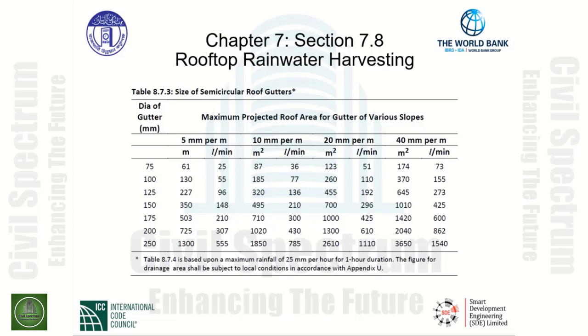Once the projected roof area is known with a gutter slope, the diameter of the gutter could be determined as shown. If a certain diameter were desired, for aesthetic reasons perhaps, it could be worked backwards to determine the slope of the gutter necessary for that roof area.